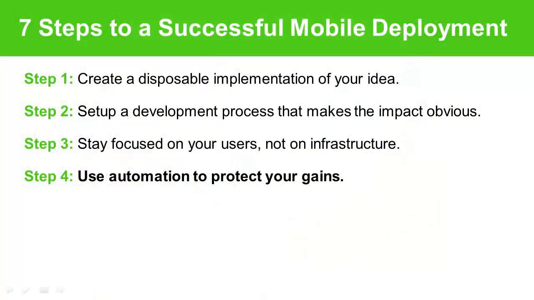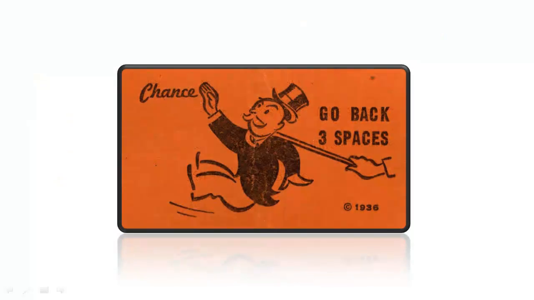And then once you've built a feature that's proven successful with users, then you'll want to preserve it by using automation to protect your gains. It's inevitable that as software evolves, things unintentionally break. It happens. We take one step forward and then we take 3 steps back. And as we've already talked about, in mobile development, it can be extremely difficult to fully understand the impact of the new code you've just created since we're dealing with so many different devices.